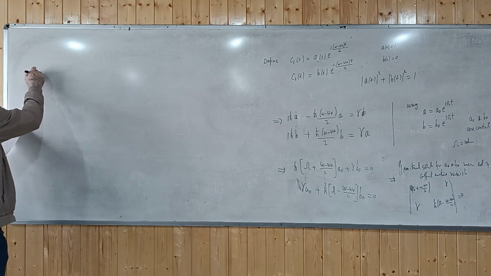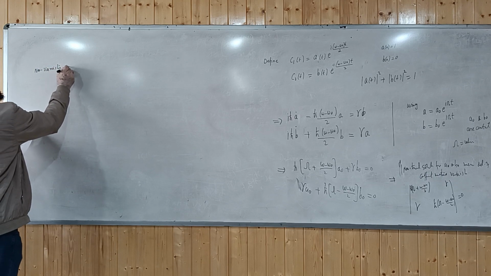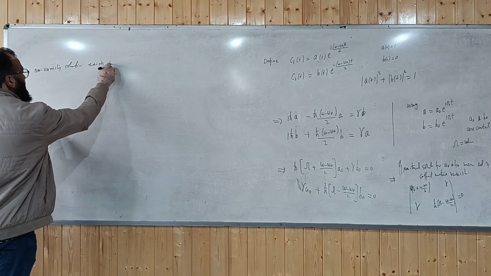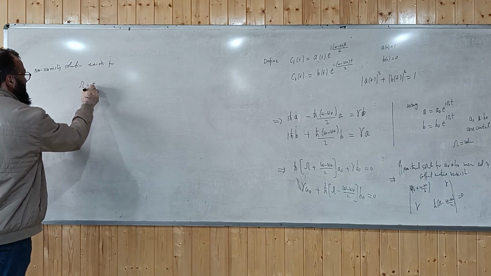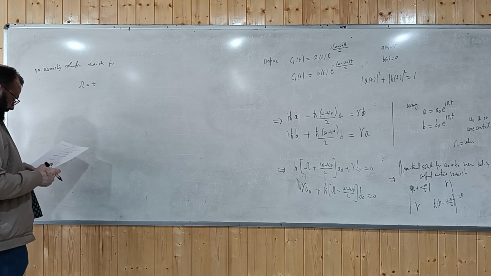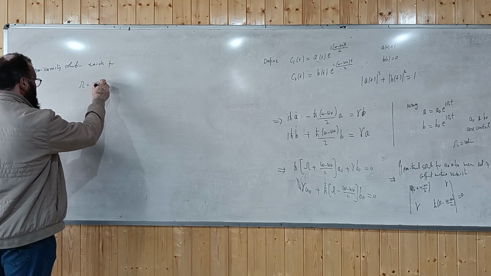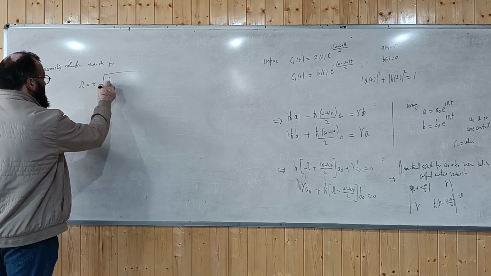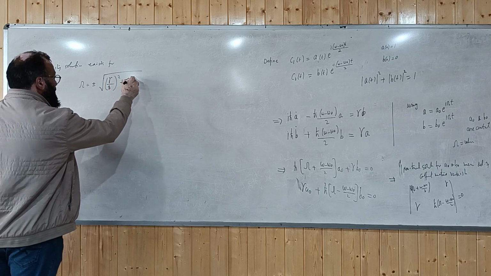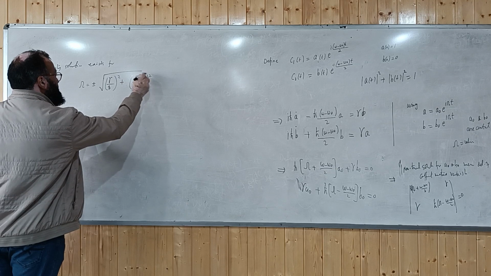So a non-zero, non-vanishing solution exists for omega equal to plus minus. Or in other words, omega square you can write, omega is equal like this: gamma by h cross whole square plus omega minus omega naught by 2 whole square.